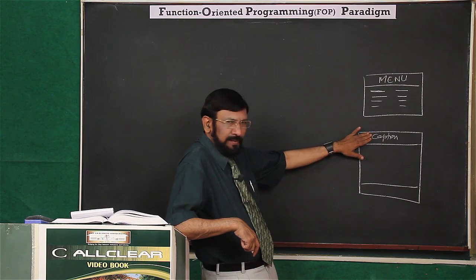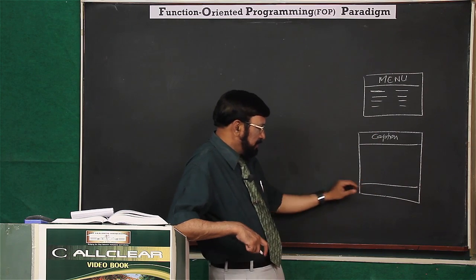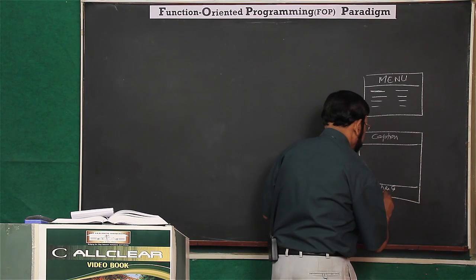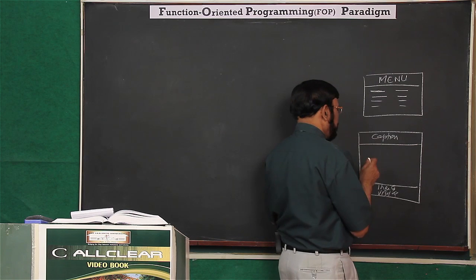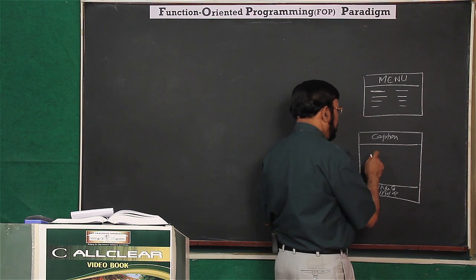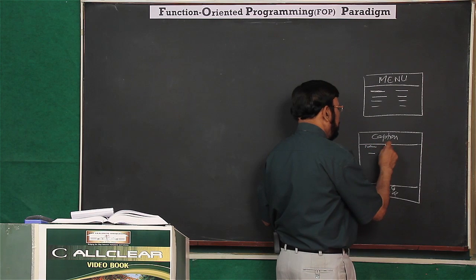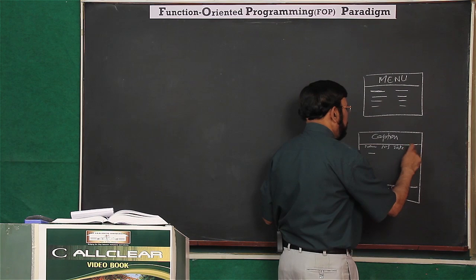Like that, one caption is there, and other address and details will be there. At the end, thank you, visit again. In the body of the bill, what are there? Item name, numbers, rate, amount.